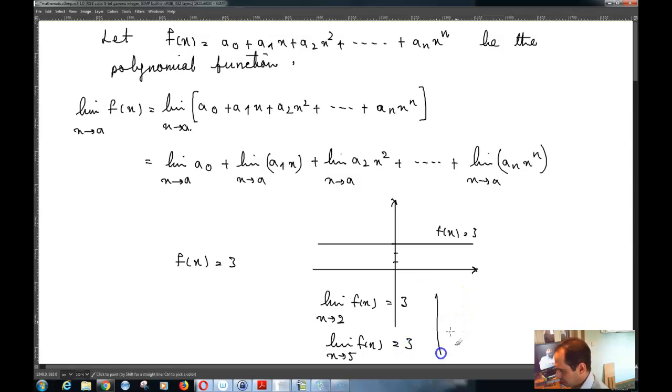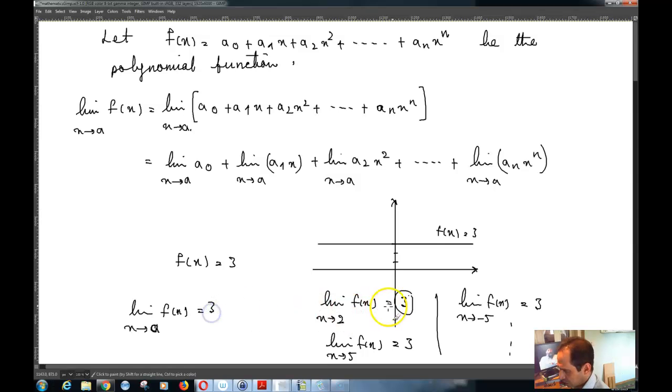If I take the limit of f of x as x tends to -5, it's going to be equal to 3, and so on and so forth. That means that I can simply say that the limit of f of x as x tends to a, any a basically, is going to be equal to 3, which is the value of the function.